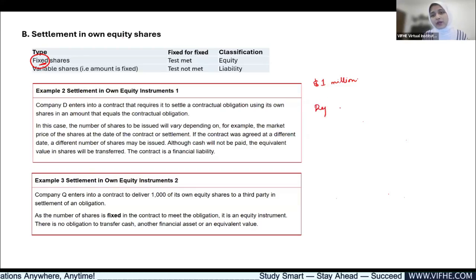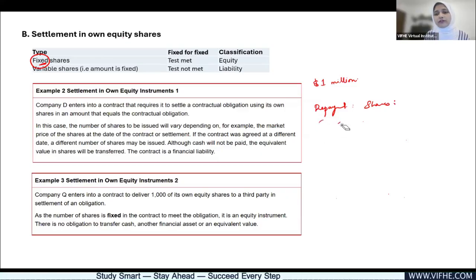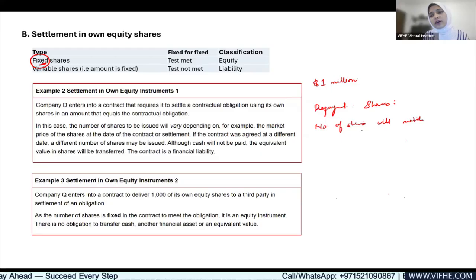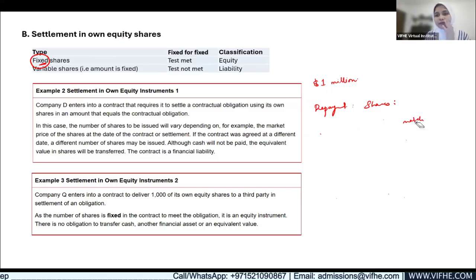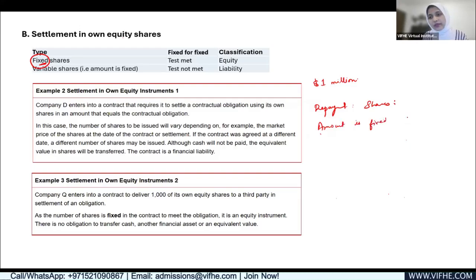Repayment will be in shares, but the amount is fixed at 1 million. Shares will vary to match the amount.